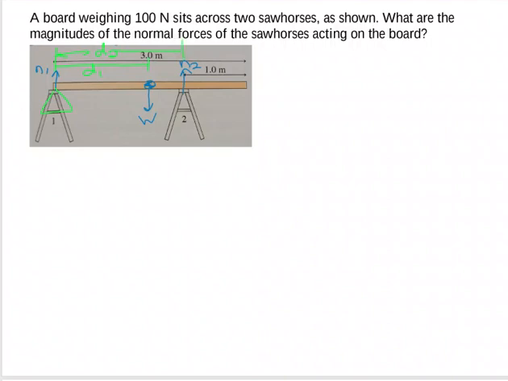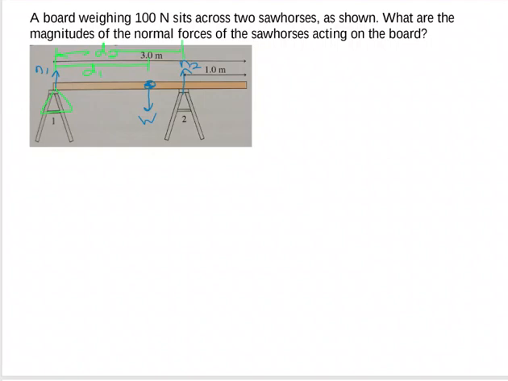We also know the distance from Sawhorse 2 to the end of the beam. That's pretty good for our picture: from the pivot to the center of mass, which gives us a torque, and over to Sawhorse 2, which gives us a torque.